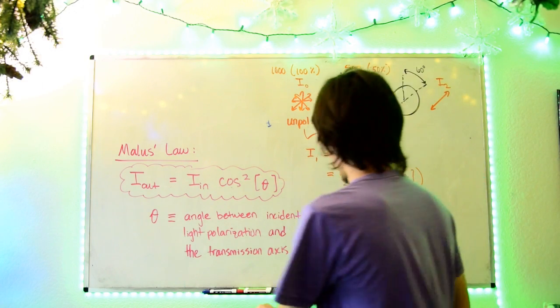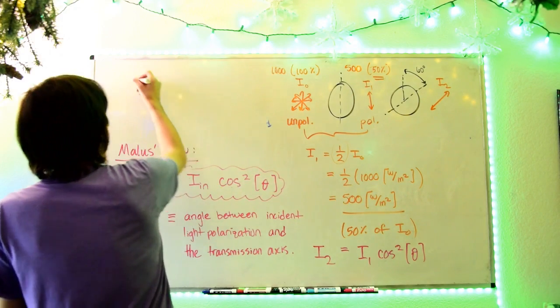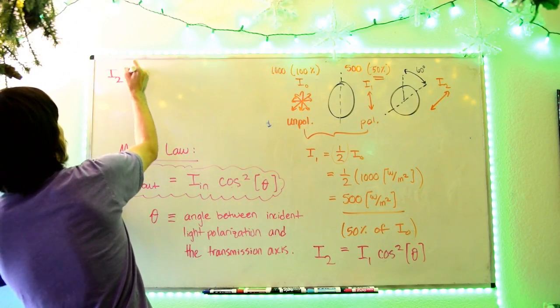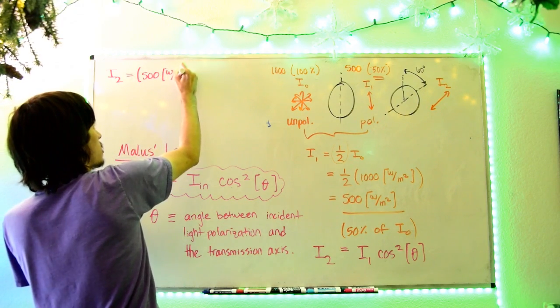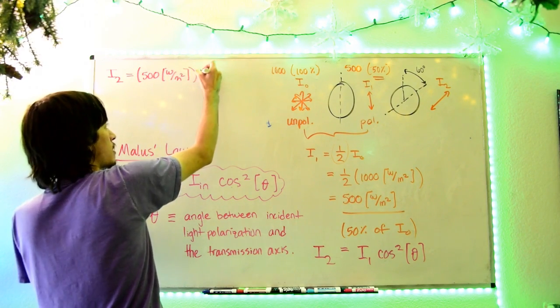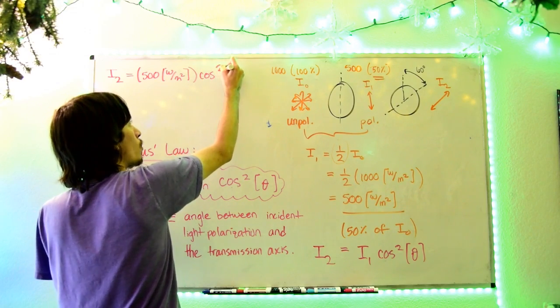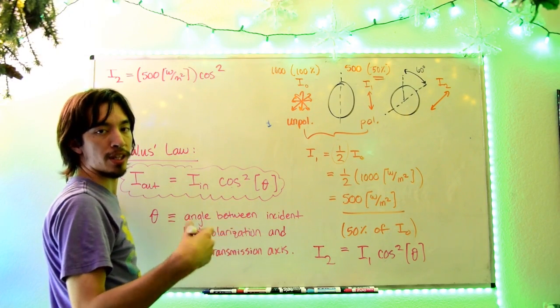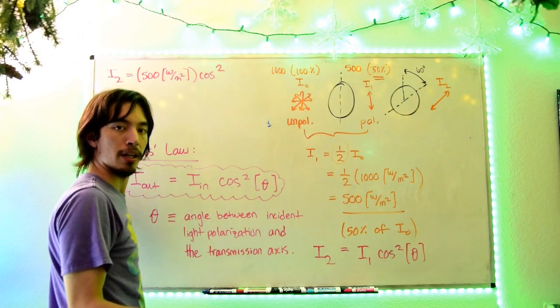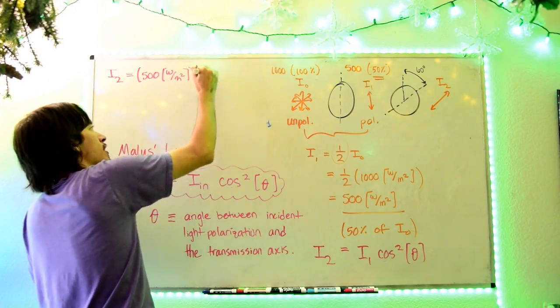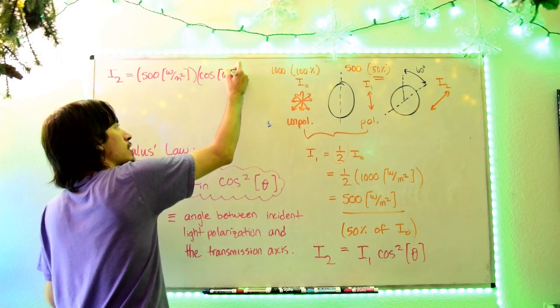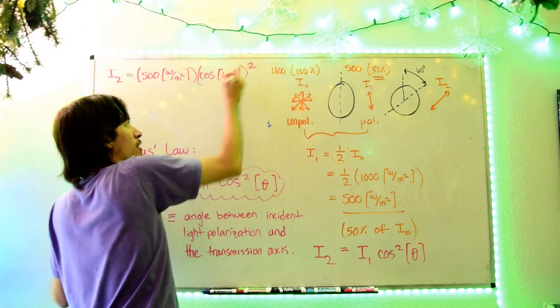So let's say that you calculate this out. So I2 equals I1, which is 500 watts per square meter, times cosine squared. So remember that when you take the cosine of 60 degrees, you get a value and you have to square it. I'll actually write it this way: cosine of 60 degrees squared.